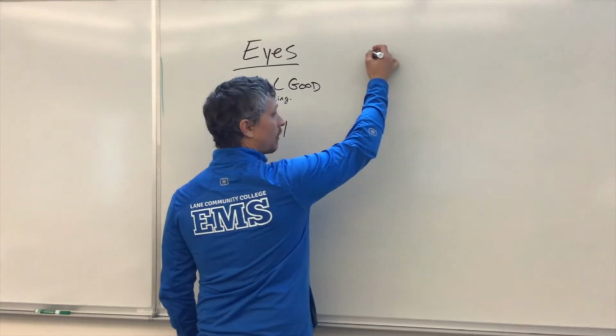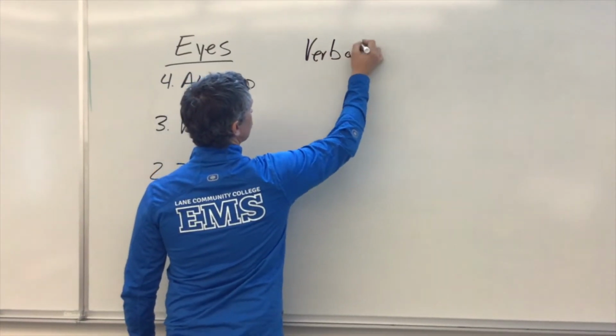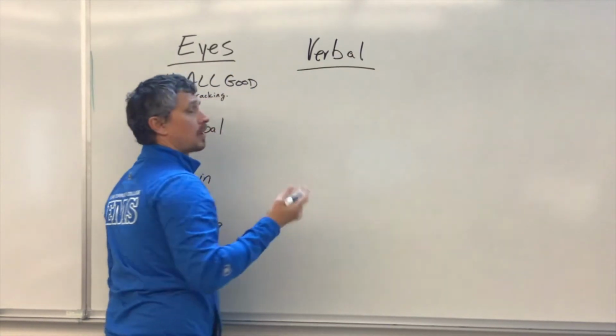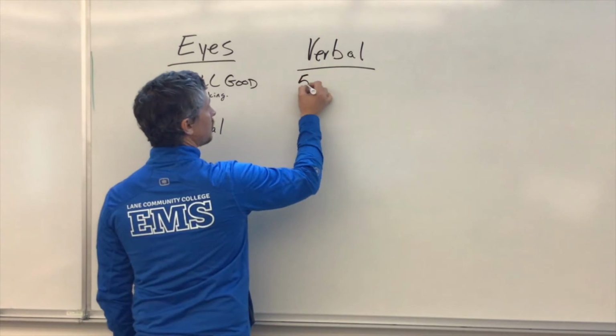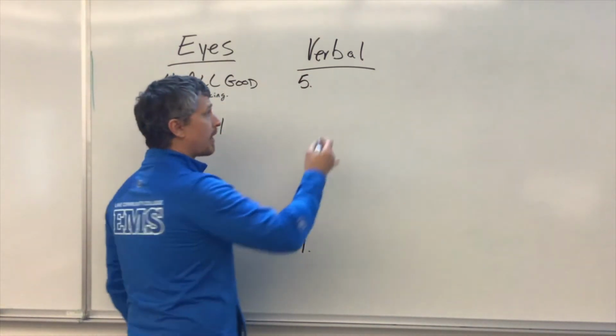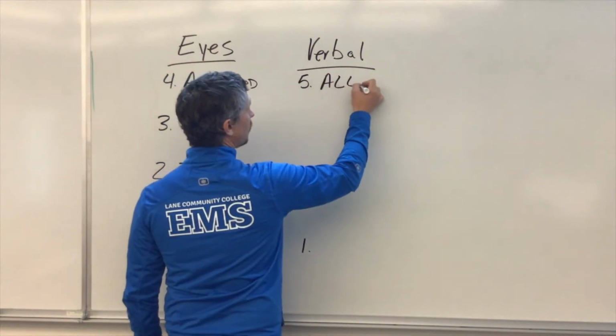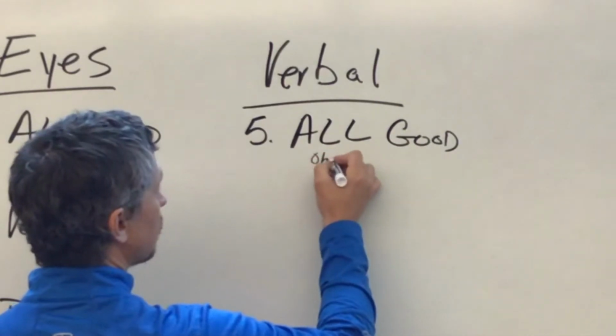Now we're going to move over to our verbal. Verbal is going to be 5 categories. We're going to start with our 5 and move down to our 1. Our 5 is going to be all good. They can obey commands.